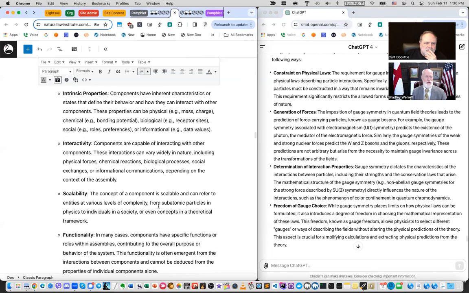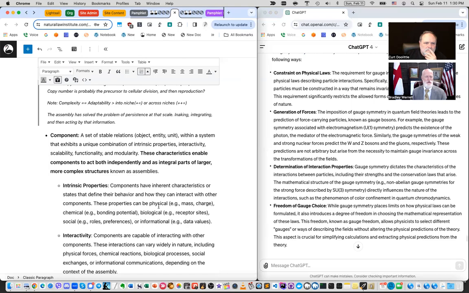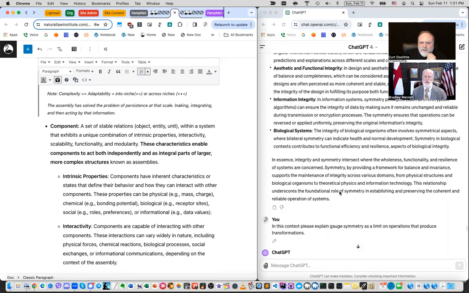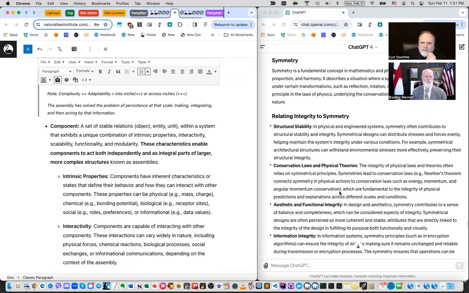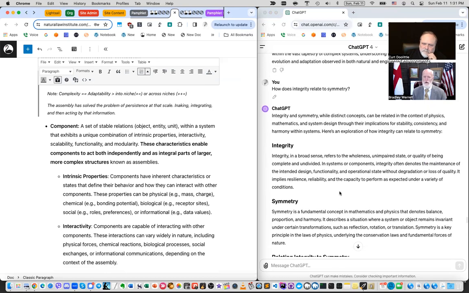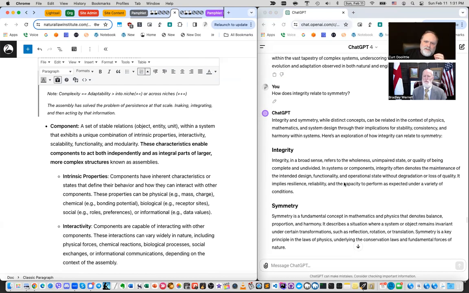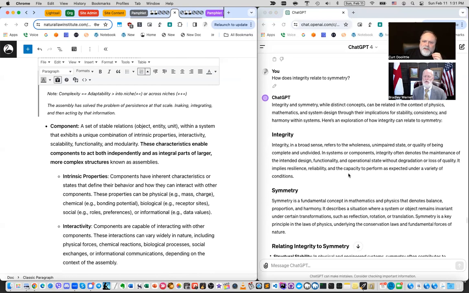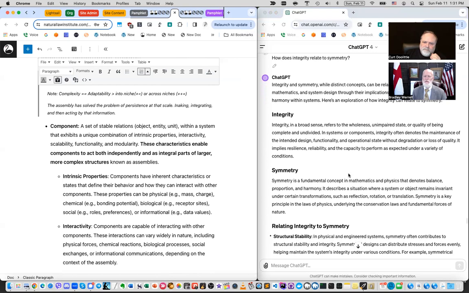Now, you added the integrity to that one. Let's go back up here. So I asked the question, what is the relationship between integrity and symmetry? I don't think they have anything to do with each other.